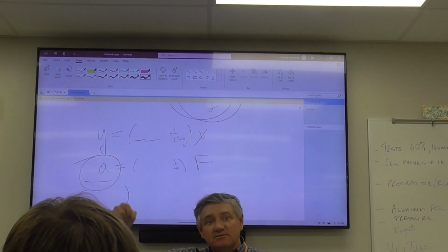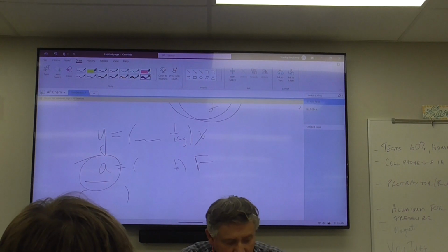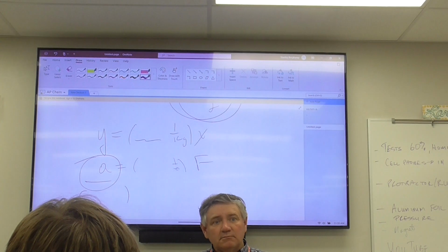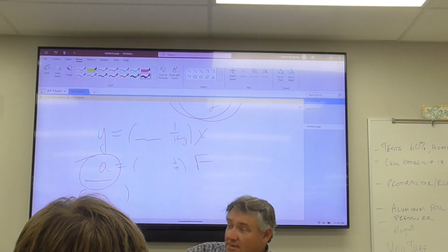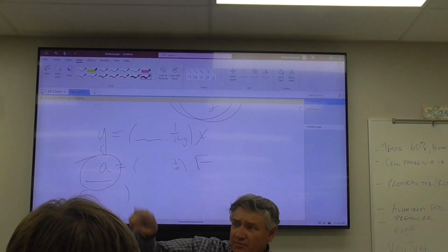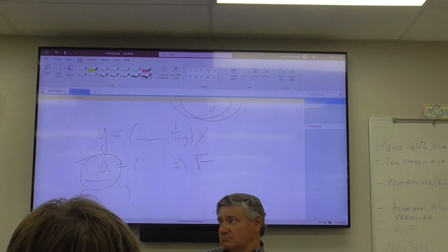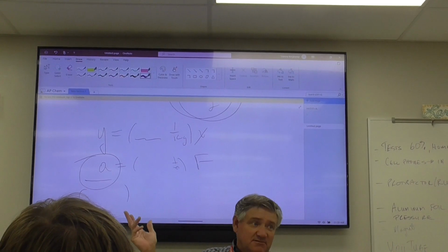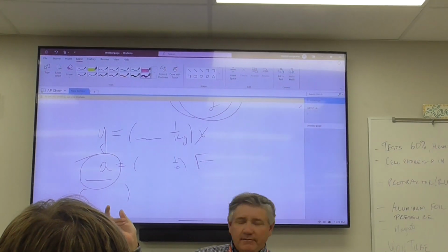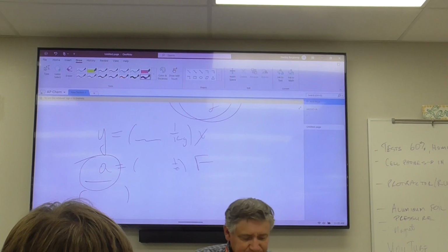So if your answer isn't a little bit bigger than 30 on part D, you've done something wrong. Okay? So when you get that answer, go back and look at your data, because all these are x and y coordinates that we call acceleration and force. It's a Cartesian graph. Instead of x and y, we just call them acceleration and force. It's the same idea.